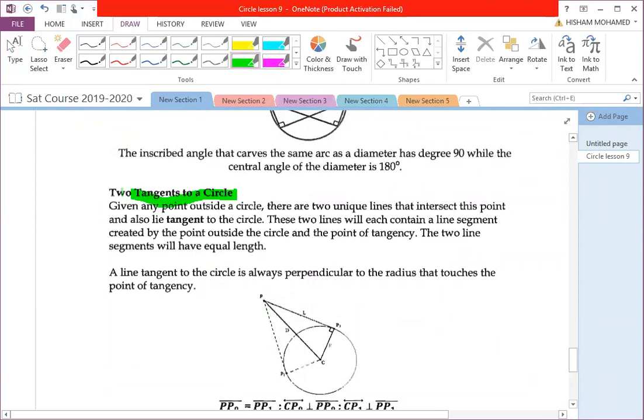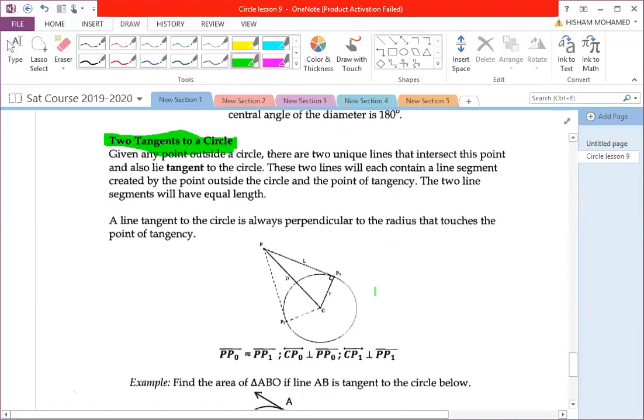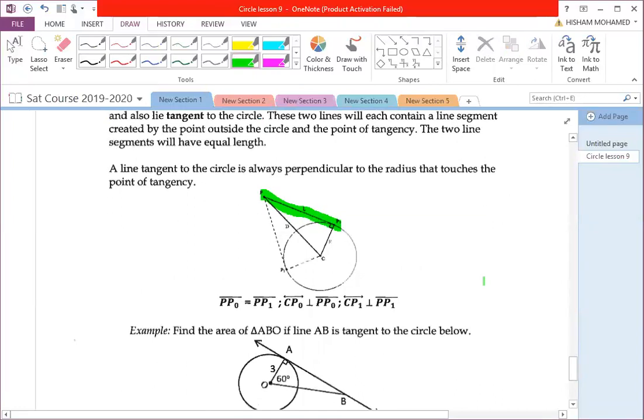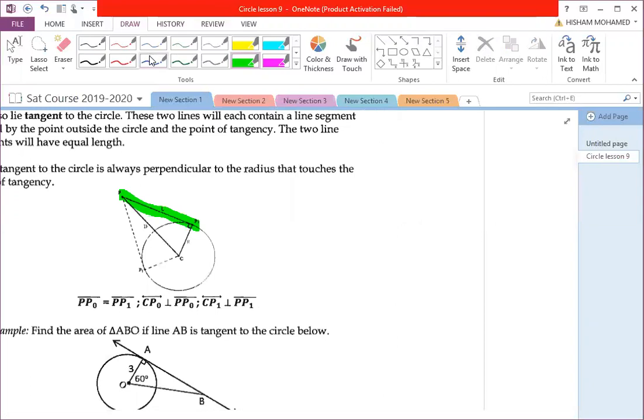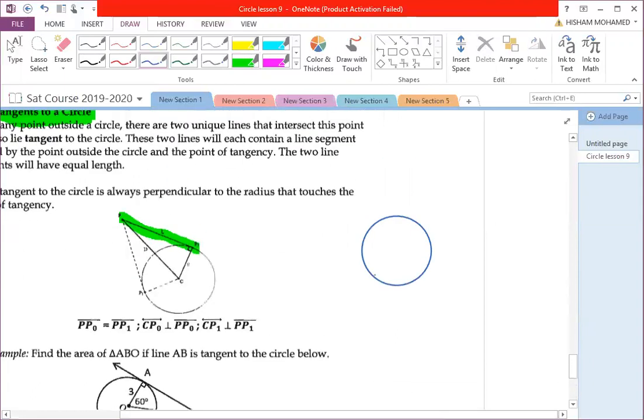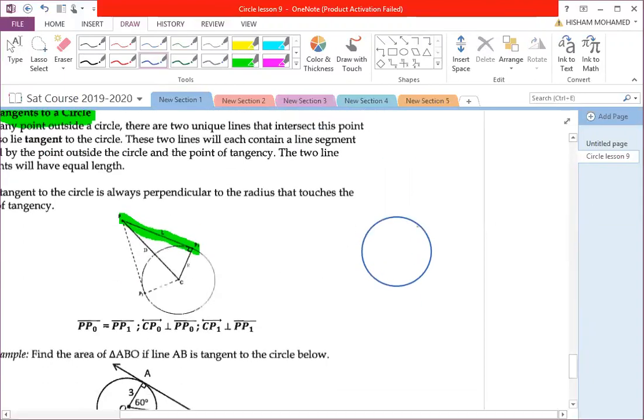Two tangents to a circle. As we defined before, a tangent is a straight line which touches the circle at one point. And from a point outside the circle, you can only draw two tangents.